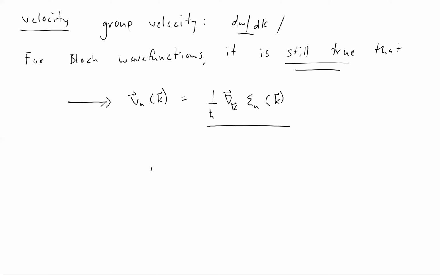This has some surprising implications if you think about it. What this means is that there are eigenstates of the Schrodinger equation with the periodic potential that have, in general, a non-vanishing velocity, okay? This is surprising because there's a periodic potential in place.